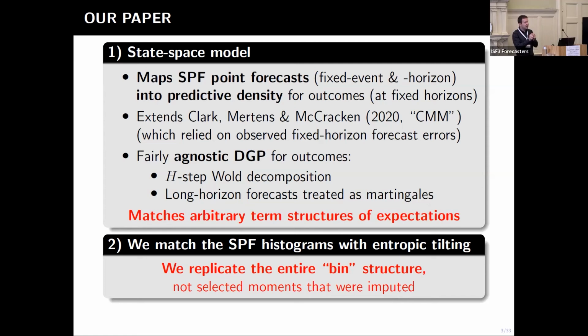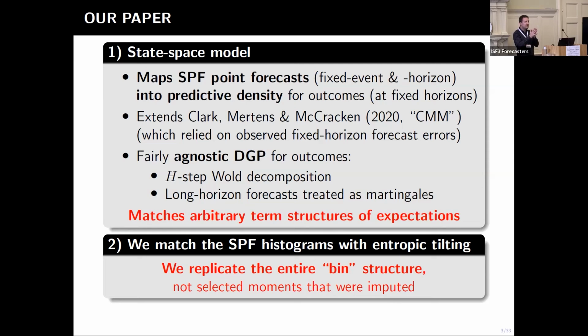Let me emphasize again that our approach is able to match arbitrary term structures of expectations that we can see in the data. And then in the next step, we match the SPF histograms using entropic tilting, which I'm going to briefly introduce later on. And here we replicate the entire bin structure.